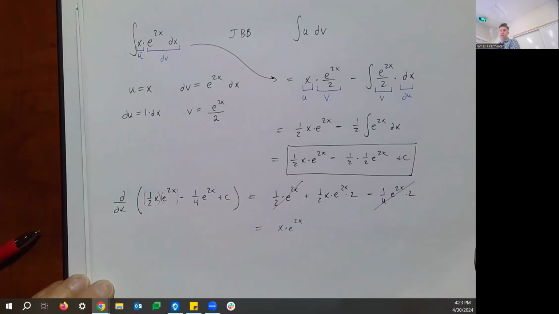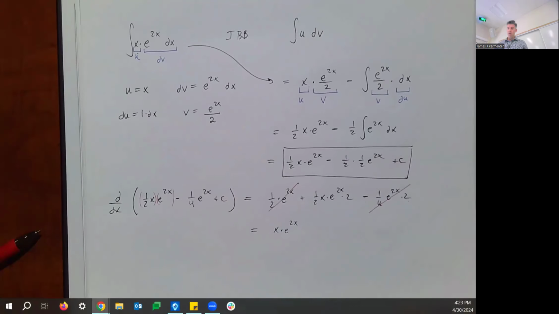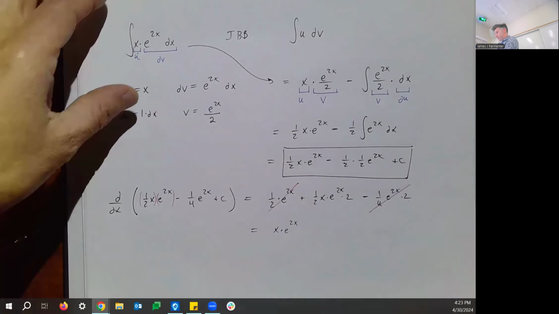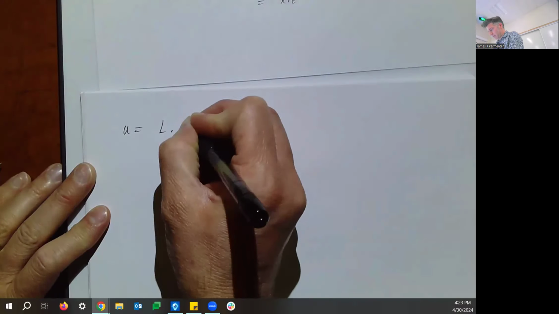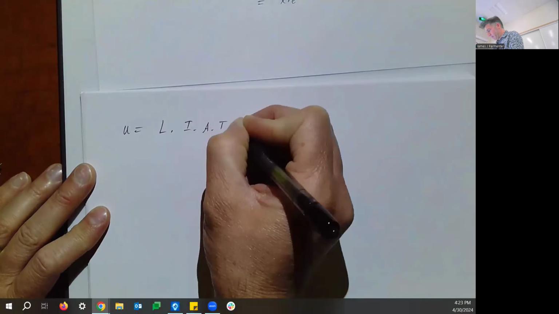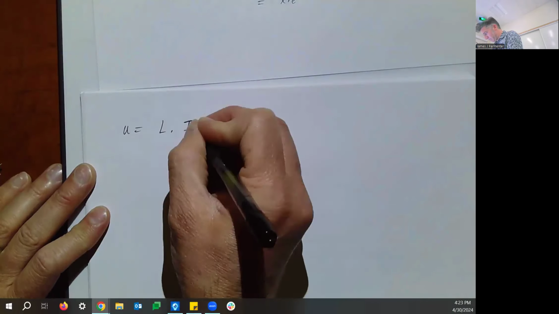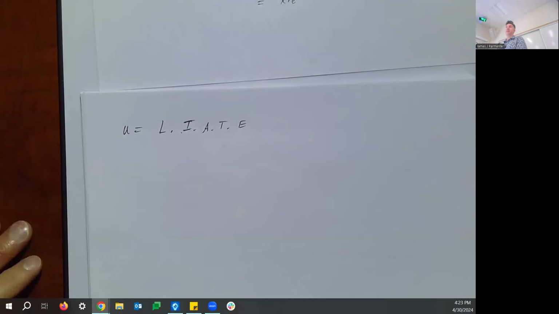There is a pretty good way of deciding what you might want to try to let u equal through an acronym. So the acronym is u should equal LIATE. It's better in the 16 series where we don't really talk about inverse trig functions, and then it's a nice acronym, it's just LATE. But for us, we have to include inverse trig functions.